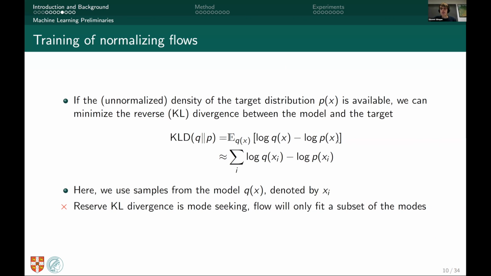In the end, for training we're only interested in computing the gradients of our objective, which are used to improve our flow step by step. If you compute the gradient of a constant, it's going to be zero. So the normalization constant doesn't have an influence on the gradients of this objective. Therefore, it's fine to have an unnormalized objective here.